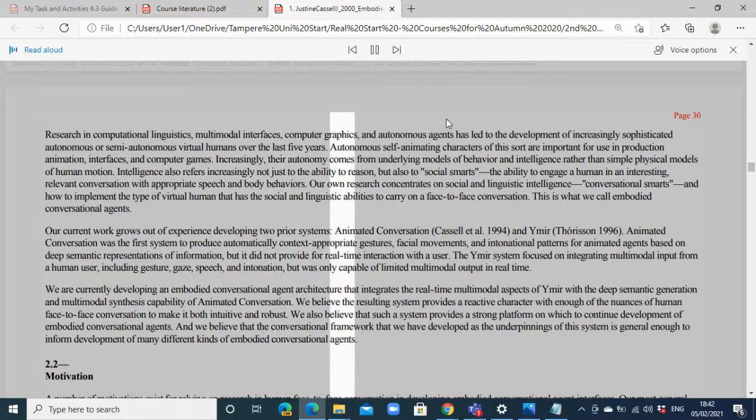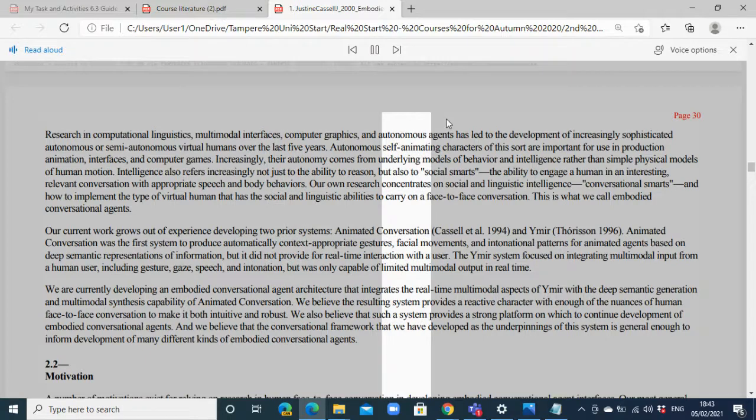Increasingly, their autonomy comes from underlying models of behavior and intelligence rather than simple physical models of human motion. Intelligence also refers increasingly not just to the ability to reason, but also to social smarts, the ability to engage a human in an interesting, relevant conversation with appropriate speech and body behaviors.